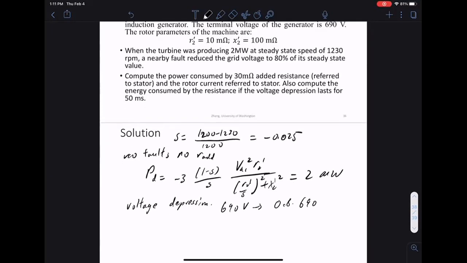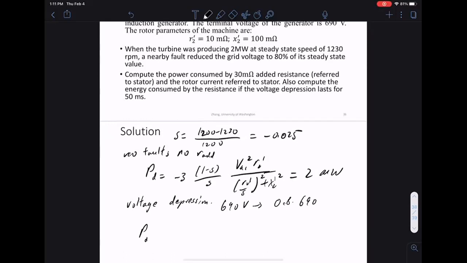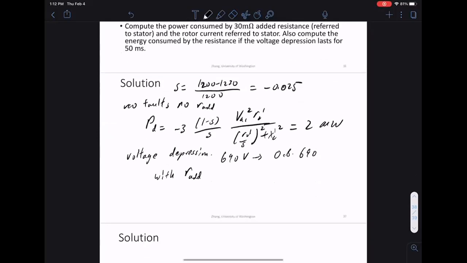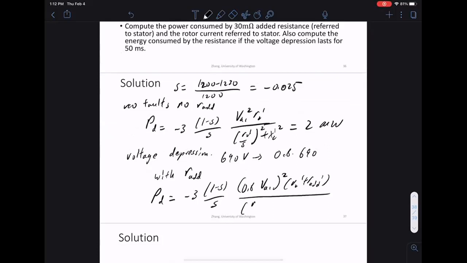Now I have an added resistance, so my developed power is -3, 1 minus S over S, 0.8 VA1, whole thing squared, over R2 prime plus R add prime, squared.